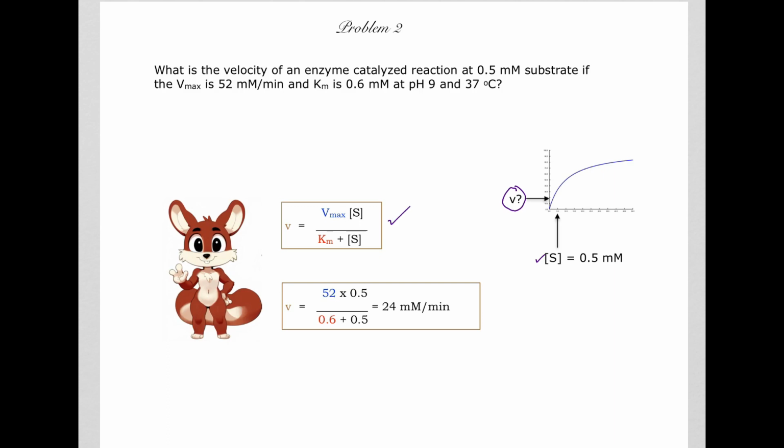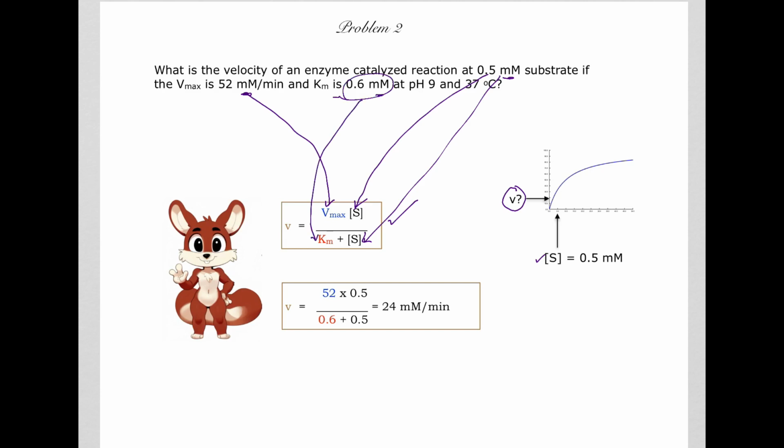So this is your Michaelis-Menten equation. Notice the units are the same, millimolar here, millimolar here. So we want to make sure the units are the same so that we can cancel them out. Then we substitute the Vmax, put in the Vmax, substrate concentration is 0.5 millimolar. You want to put the substrate concentration here, and then the Km is given as 0.6 millimolar.